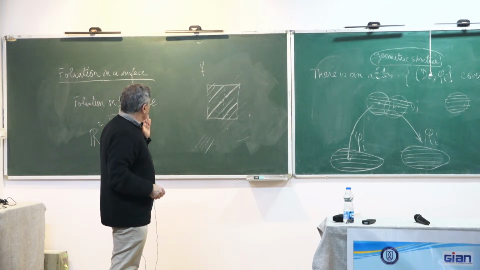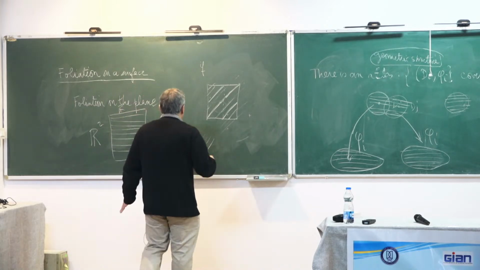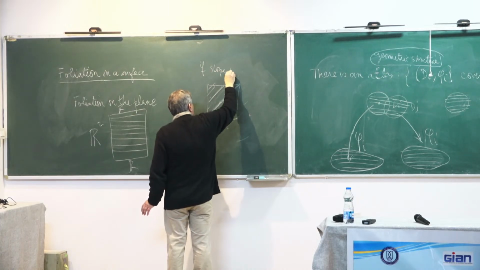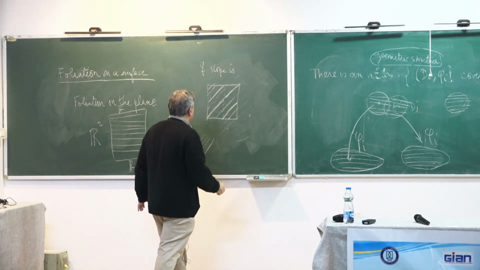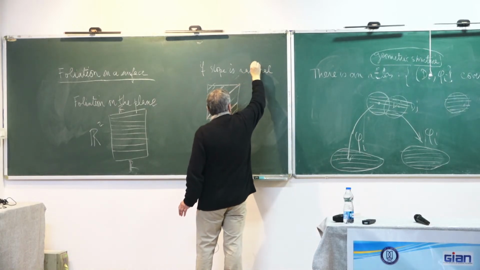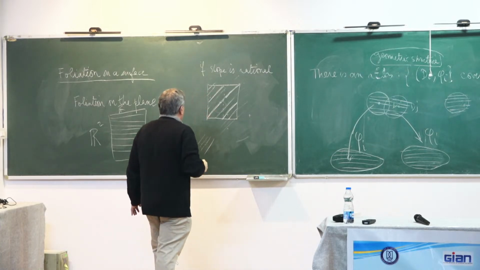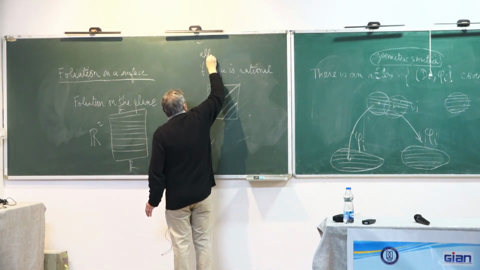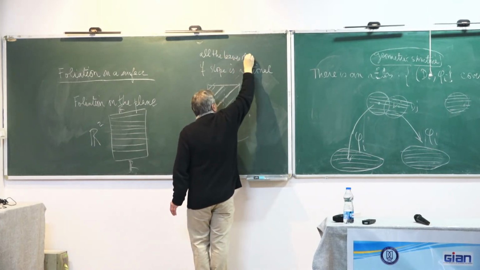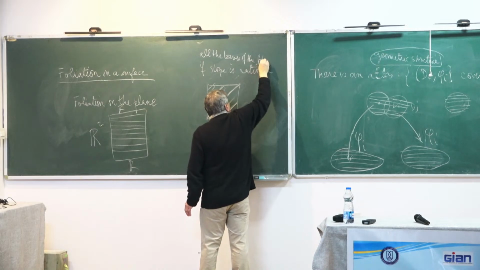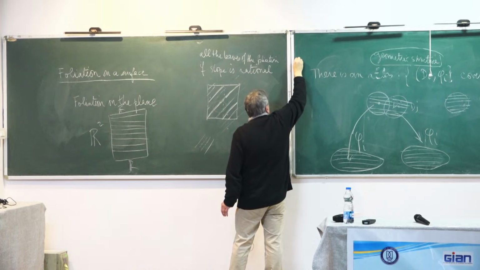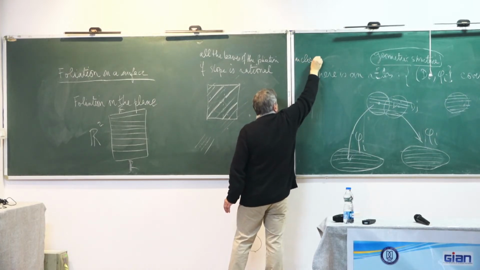So the thing which you need to know is that if the slope is rational, well, all the leaves of the foliation, let's say, are closed leaves.